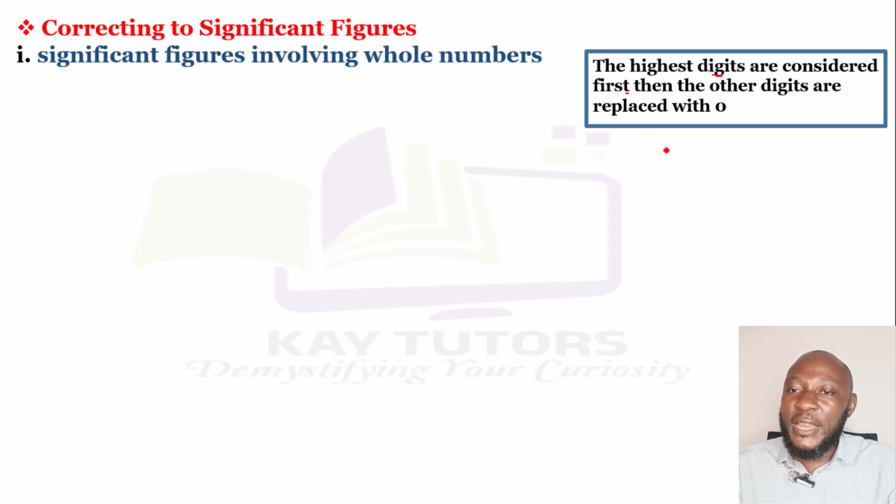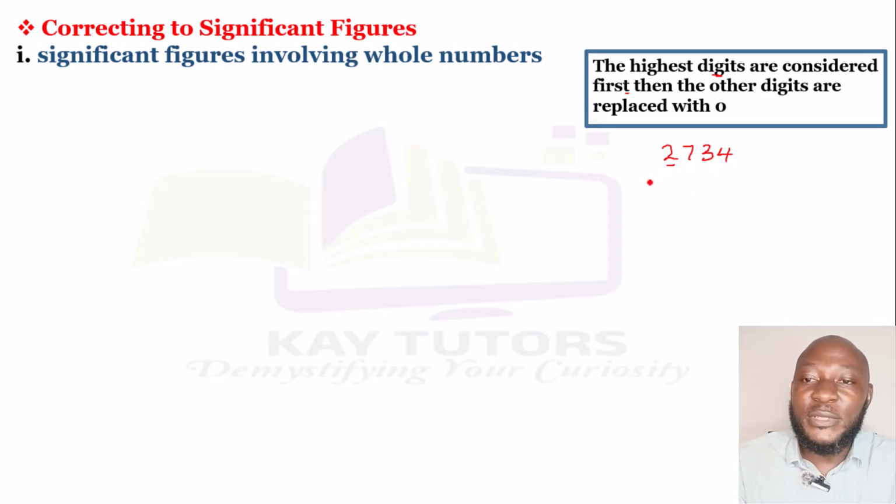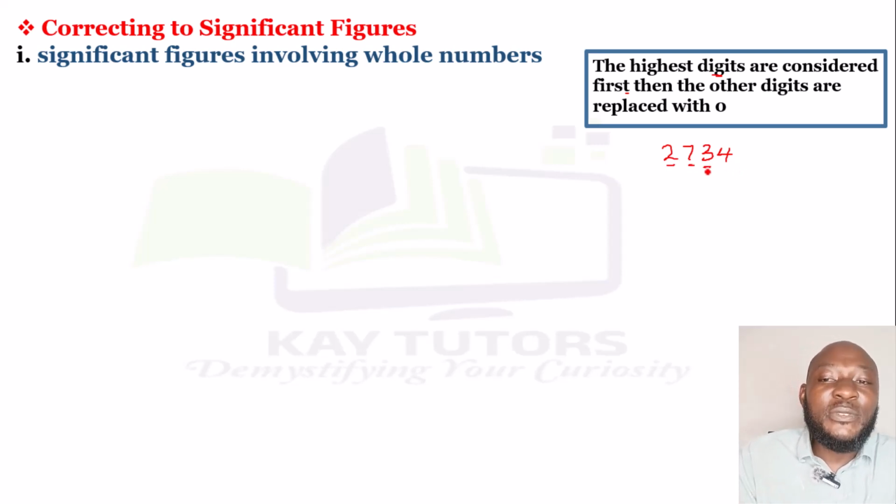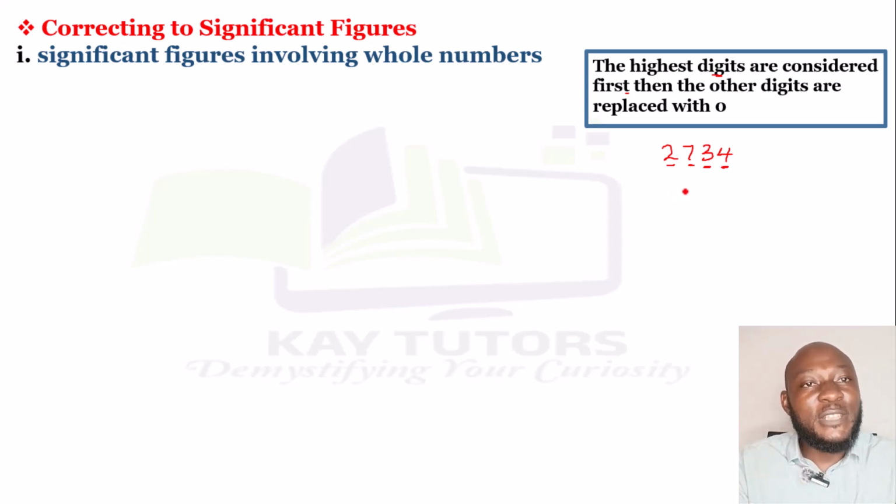Let's take, for instance, I have 2, 7, 3, and 4. 2 is considered first because it is the biggest digit there. Of course, it's 1,000. 7 is considered next. 3 is considered after 7. Then 4 is considered last. Okay, and other digits are replaced with a 0.